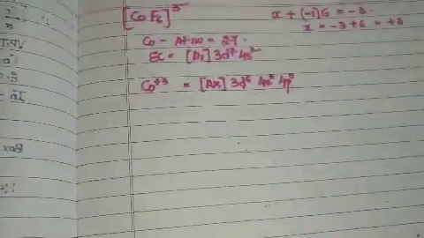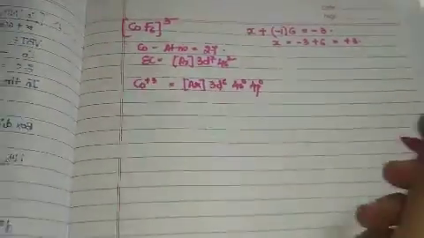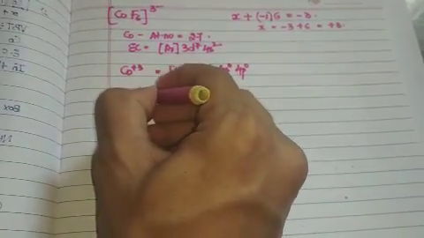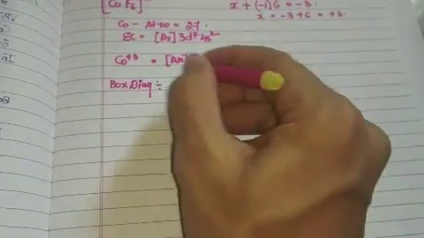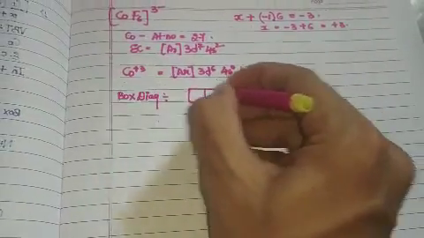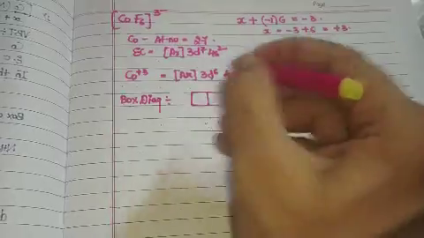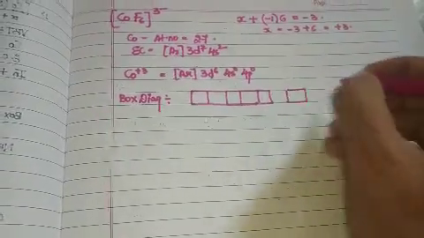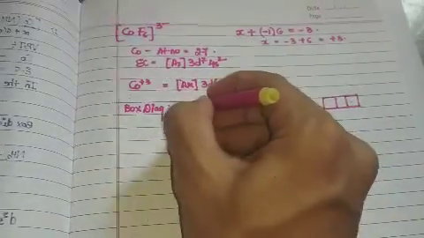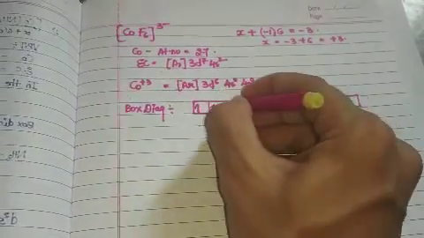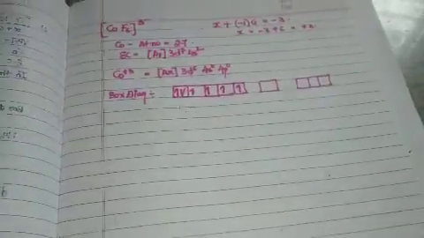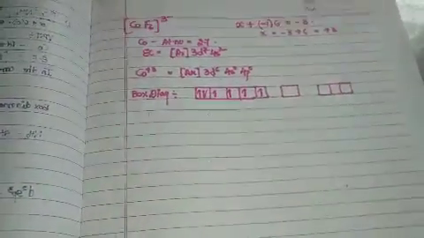Okay, so now, when you are writing with respect to the box diagram, you can easily write it. Box diagram, how you are going to write it? Let me write. So this is your d orbital, 1 2 3 4 5. So 4s is also empty, 4p is also empty. Yeah, so when you're writing over here 1 2 3 4 5 6 with respect to Hund's rule.